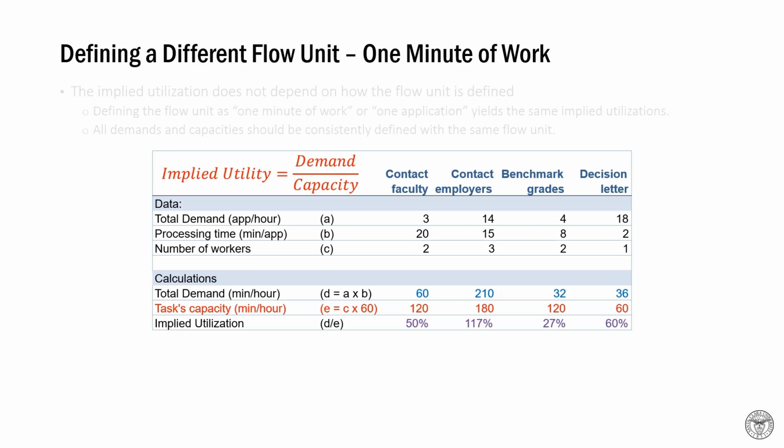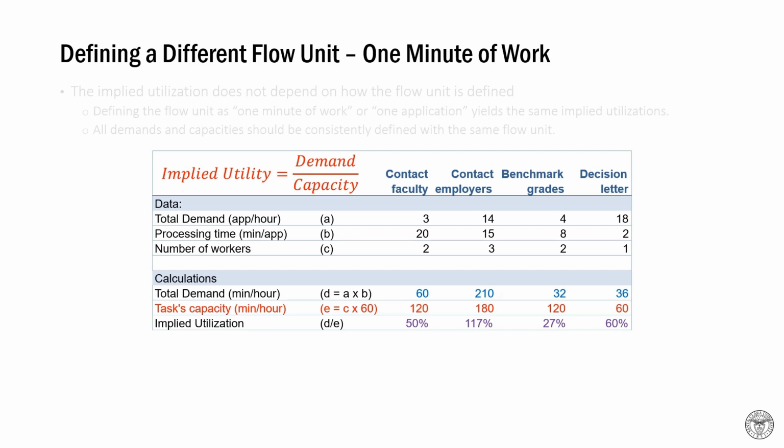To identify the bottleneck in a system with multiple flow units, we calculate the implied utilization for each resource. For the contact faculty task with a demand of 60 minutes and a capacity of 120 minutes, the implied utilization is 60 divided by 120, resulting in 50%.